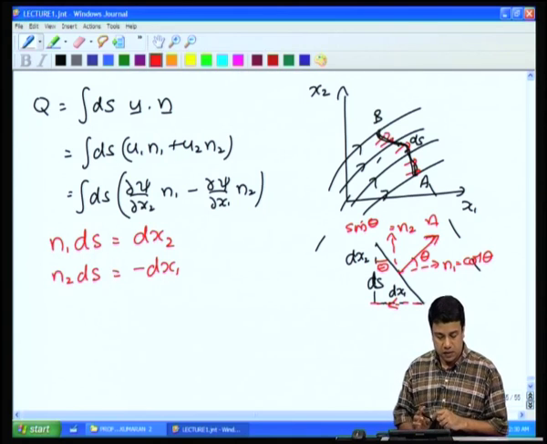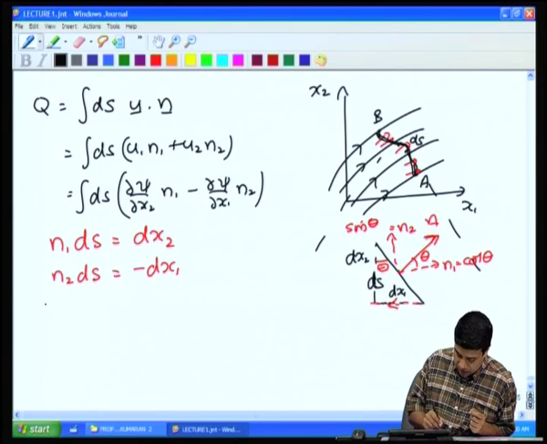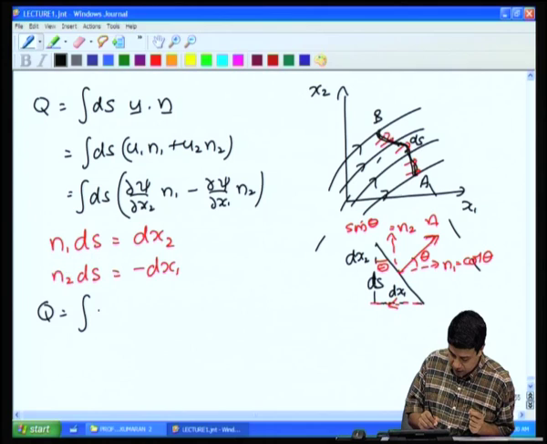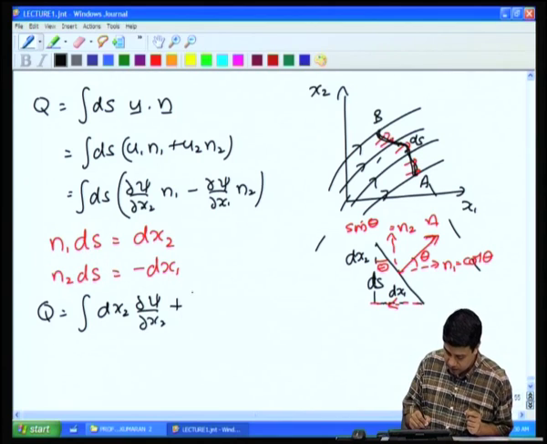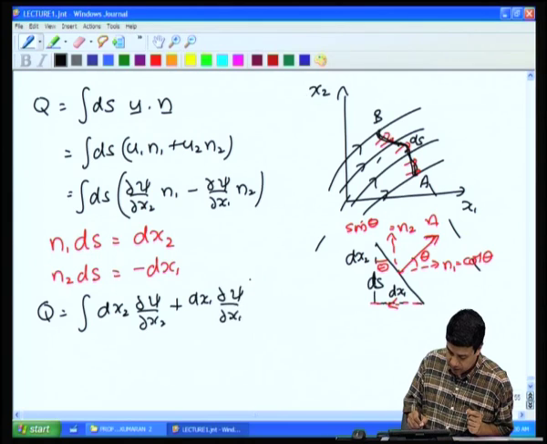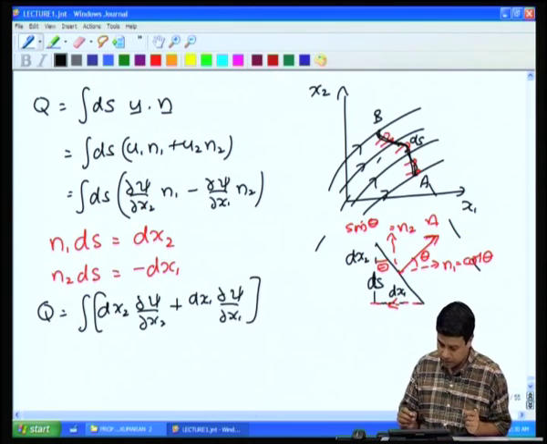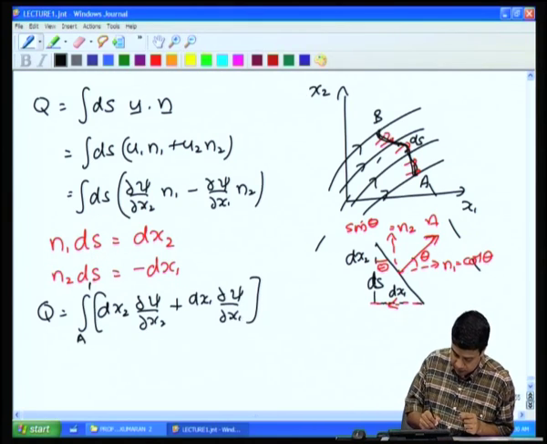Substituting these into the expression, you get Q equal to the integral of dx2 partial psi by partial x2 plus dx1 partial psi by partial x1, between these two locations a and b.